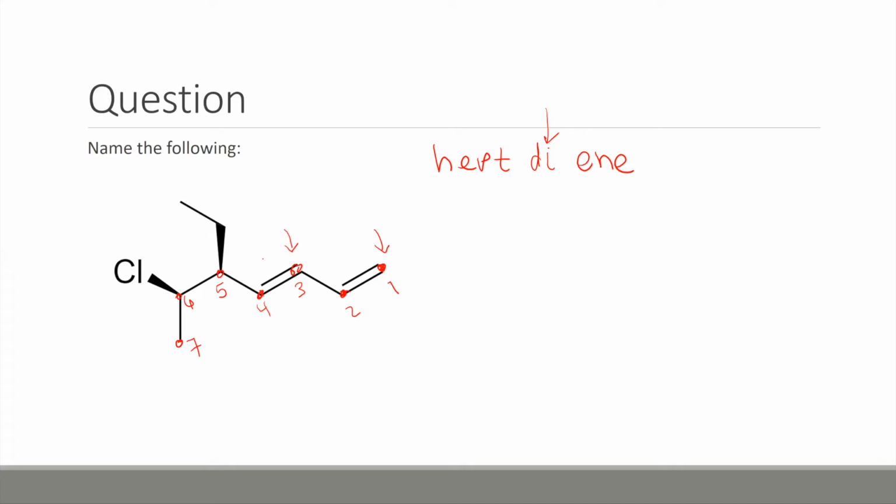So to finish up our naming of the long chain with the double bond, this will be hept-1,3-diene. Okay, so that is our main chain.